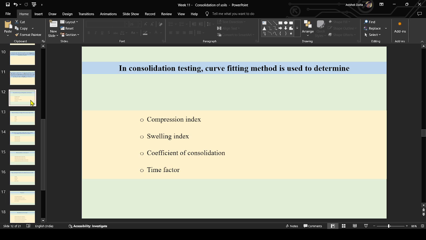First option is compression index. Second option is swelling index. Third option, coefficient of consolidation. And last option is time factor.